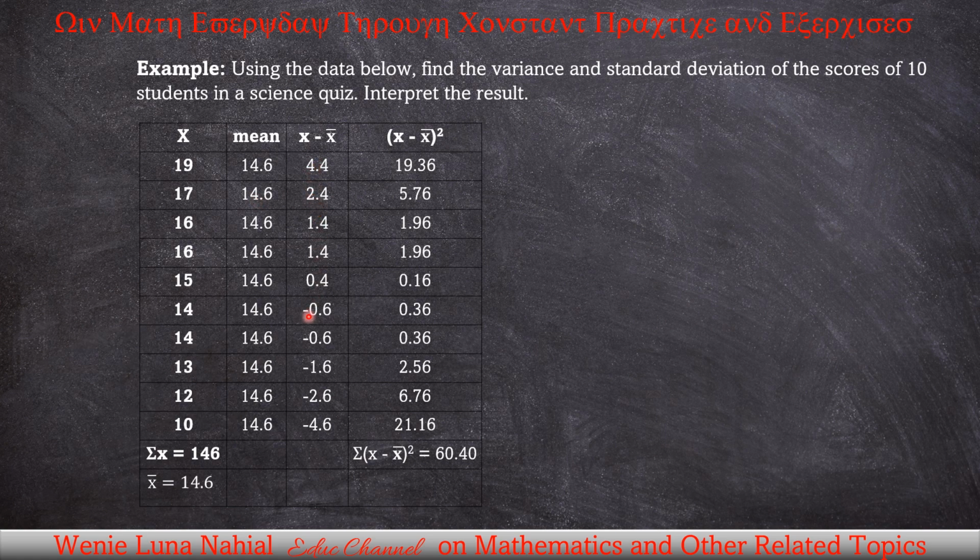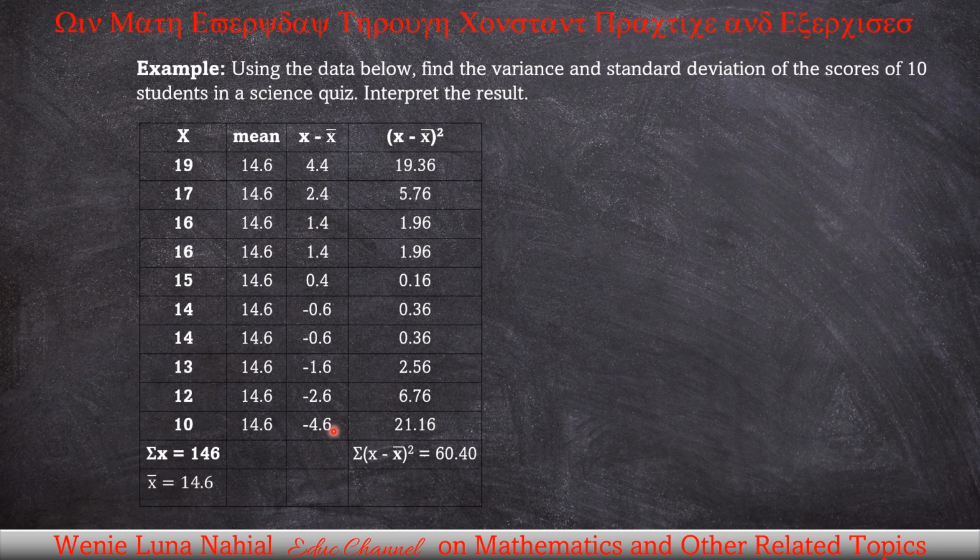And after having done all the getting of differences, you have to take the second power of this column. So 4.4 squared, you get 19.36. 2.4 squared, you get 5.76.